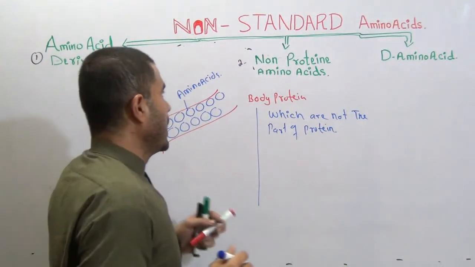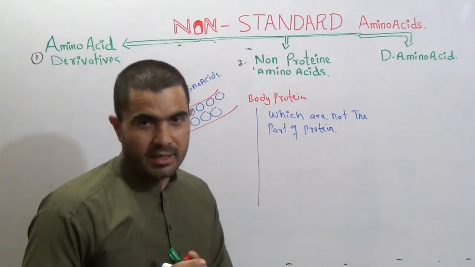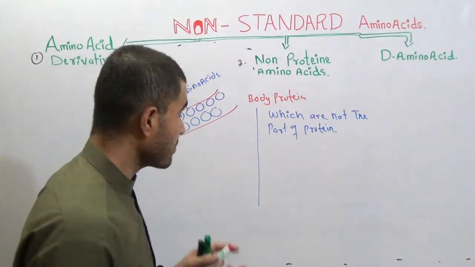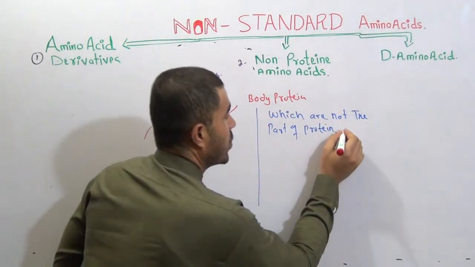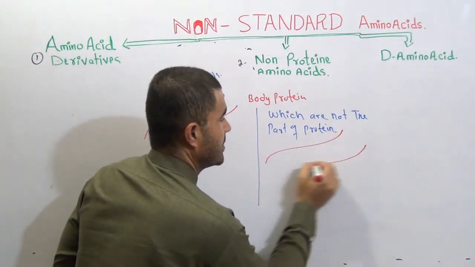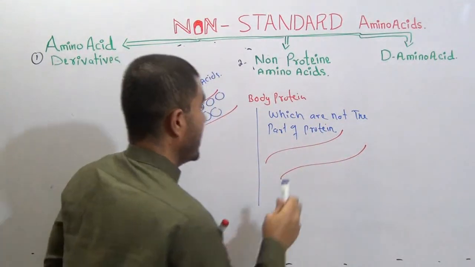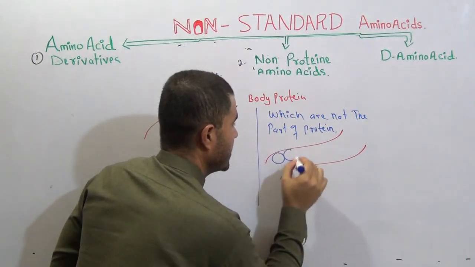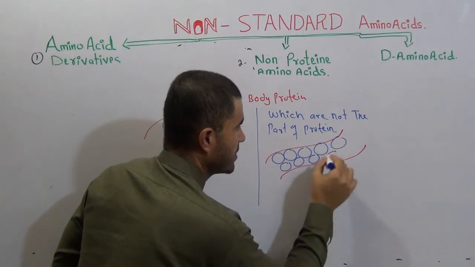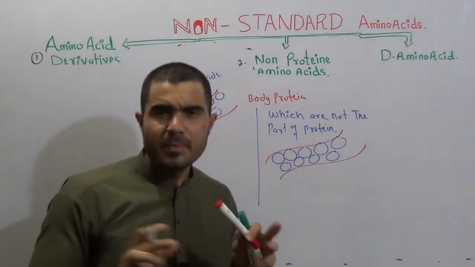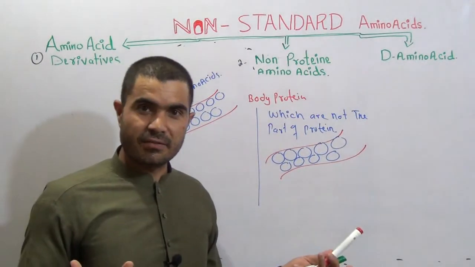For non-standard amino acid, the first condition is okay, which are not part of protein, but there are some other amino acids as well which are present in body protein. Let's suppose once again this is a body protein, and in it you will see smaller units called amino acids. For simplicity, I have just drawn them as circles because we don't need to write the structure of each amino acid.